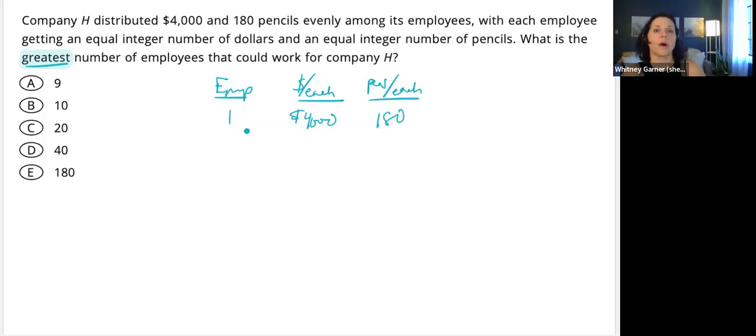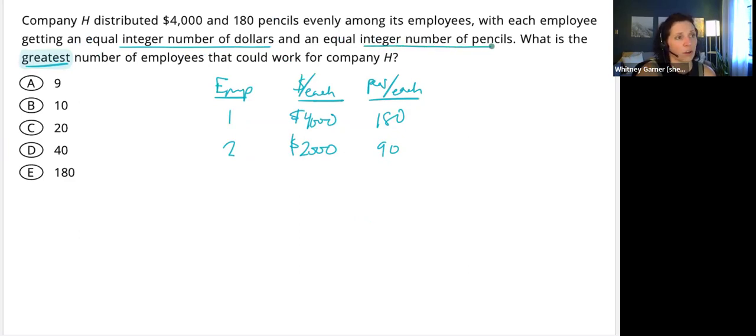So I'll just go with one more example set. I could see us having two employees where each employee would get $2,000 and each employee would get 90 pencils. There are some limits. We're told that the dollar amount has to be an integer number of dollars, so I can't give people change. And we need an integer number of pencils, so I can't give people half a pencil.